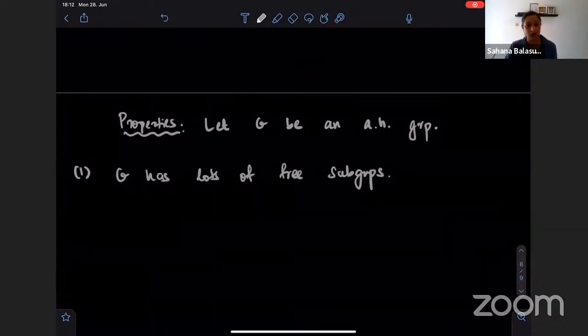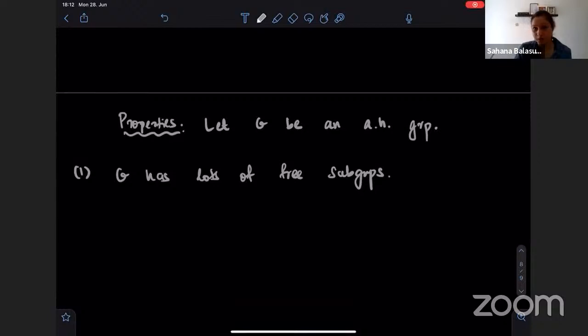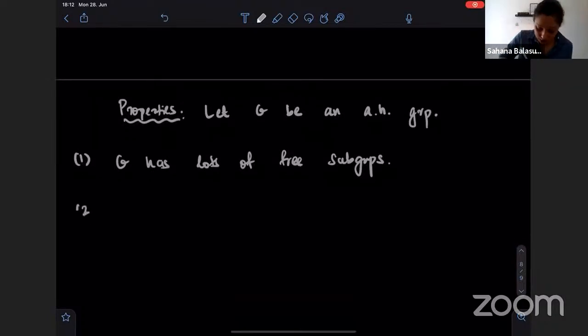And this is, again, a direct consequence of the ping pong lemma, which you get by sort of harnessing these north-south dynamics that come from these independent loxodromics. The second property that I'm going to mention is that G has finite amenable radical.